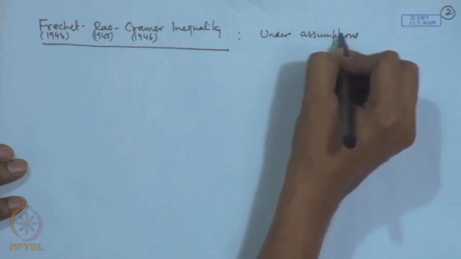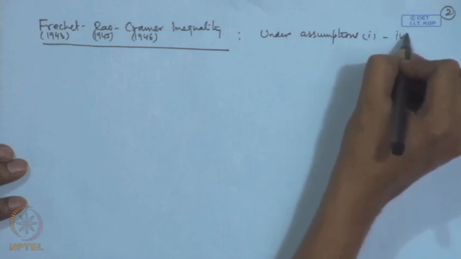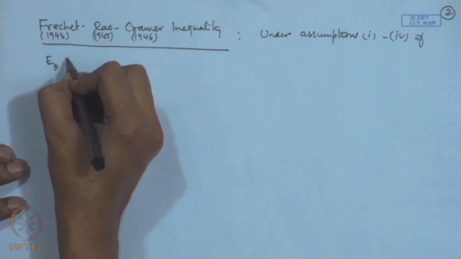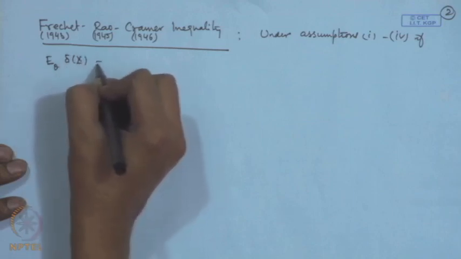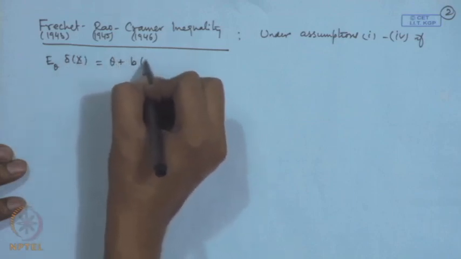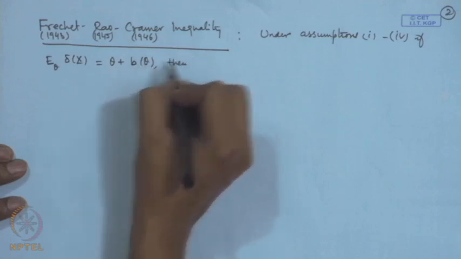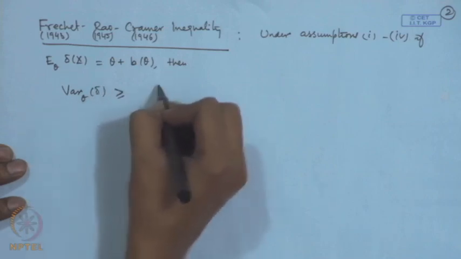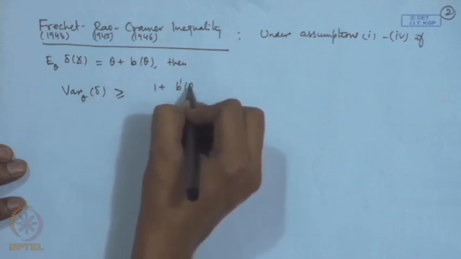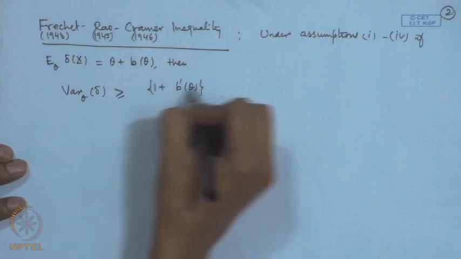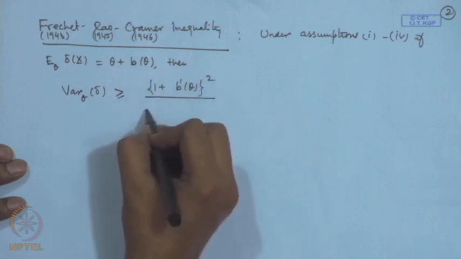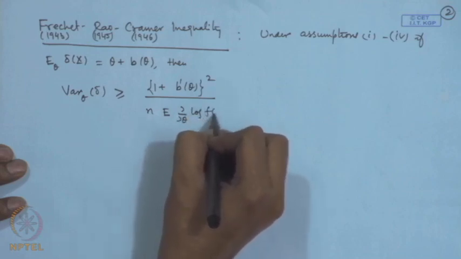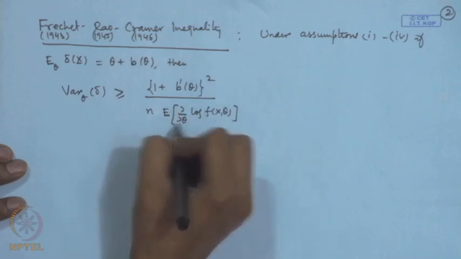Under assumptions 1 to 4, if expectation of delta(x) is equal to theta plus b(theta), then variance of delta is greater than or equal to (1 plus b prime theta) whole square divided by n times expectation of (del by del theta log of f(x, theta)) whole square.